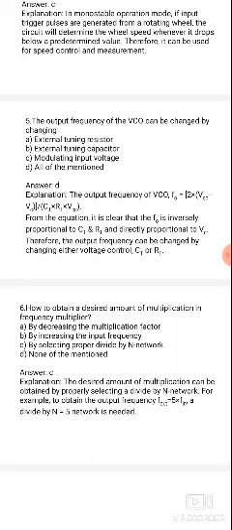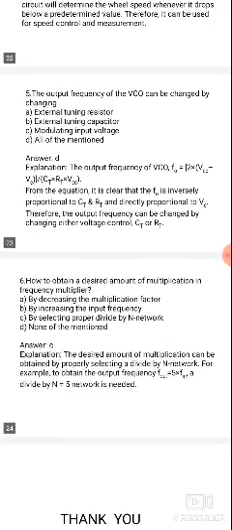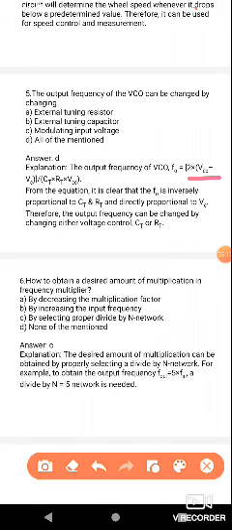VCC is the supply voltage and VC is the control voltage, CT is the external capacitor, and RT is the external resistor. So F0 = 2(VCC - VC)/(RT CT VCC).